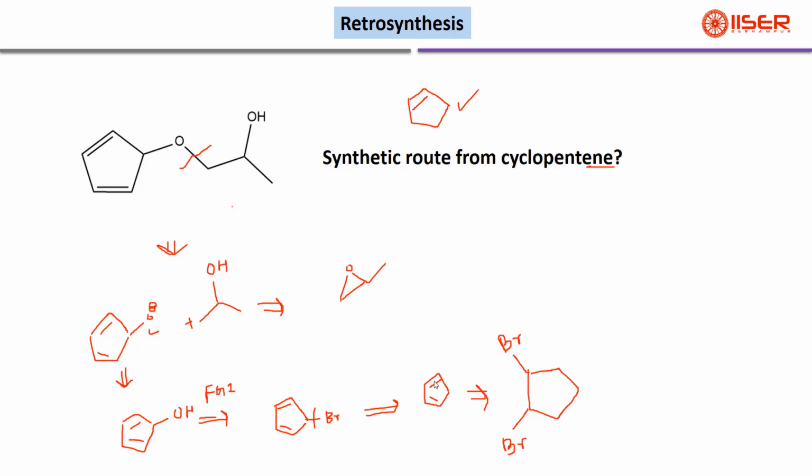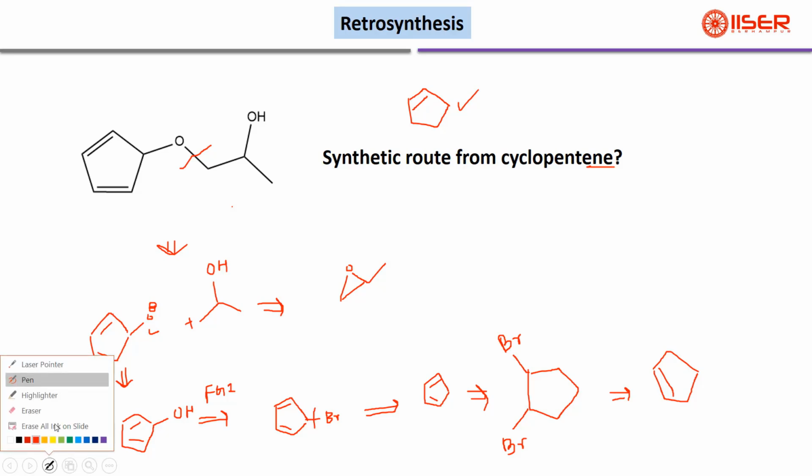We just add a bromine here. So we have gone to cyclopentene. So if you see the forward synthesis, I am drawing in a shortcut way. The rest you guys can try by yourself.